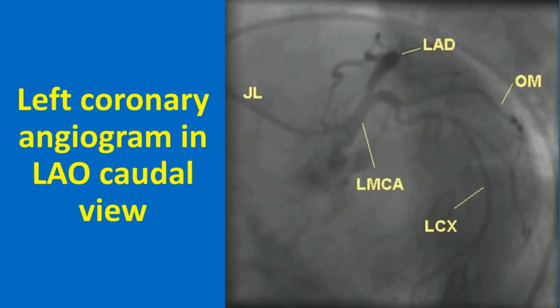This is a left coronary angiogram in LAO-caudal view in another case. JL, Judkins left coronary catheter. Difference in the orientation of coronaries could be due to anatomical variations as well as mild changes in angulations used. X-ray penetration will be less in LAO-caudal view, especially in obese individuals.